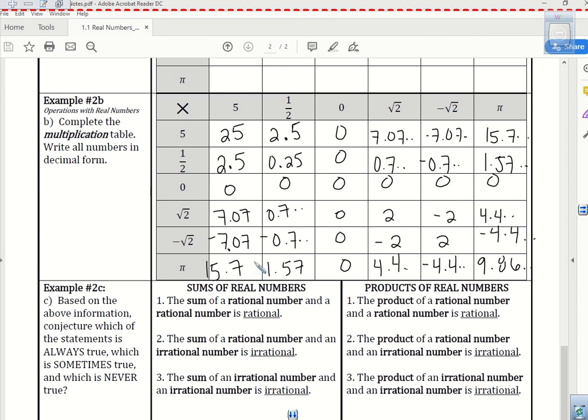Okay, here's everything filled in. Very similar to last time. Take your two colors, whatever color you used for rational, use that same color. Let's make ourselves a key again. Yellow, I used for rational. Pink, I used for irrational. Okay, let's start with the sides.